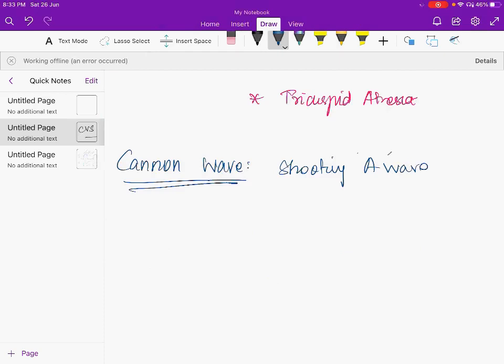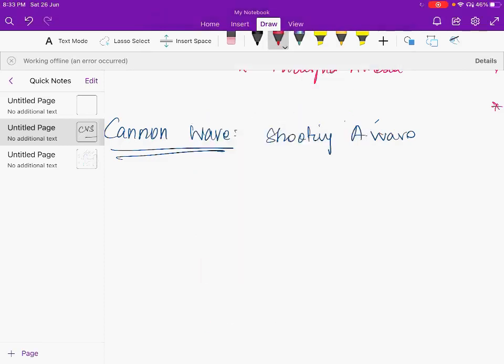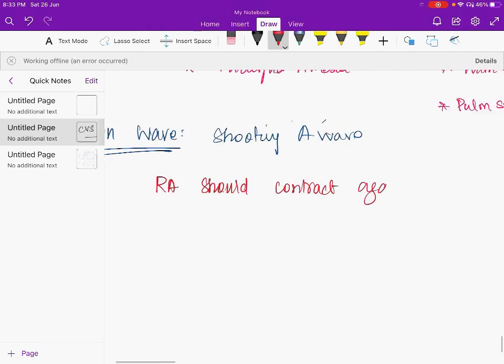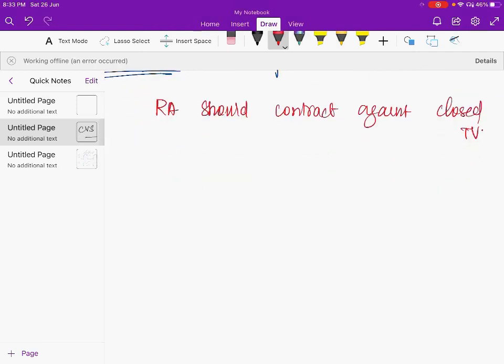For this, to produce this, what should happen? Your right atrium should contract against your closed tricuspid valve, which means your RA contracts when your tricuspid valve is closed, while your right ventricle is contracting simultaneously.